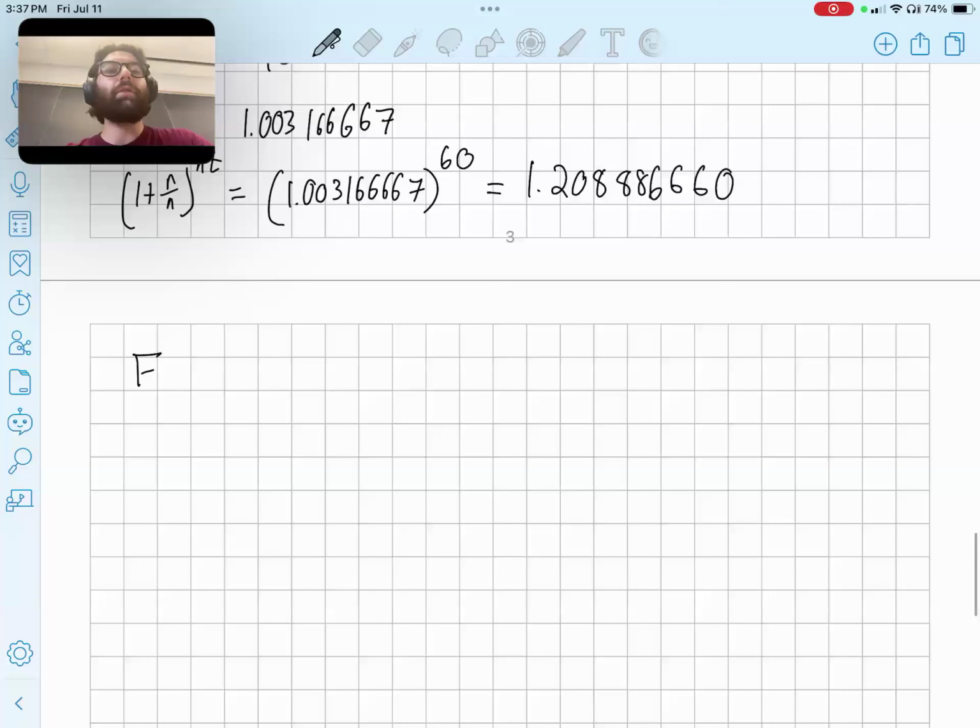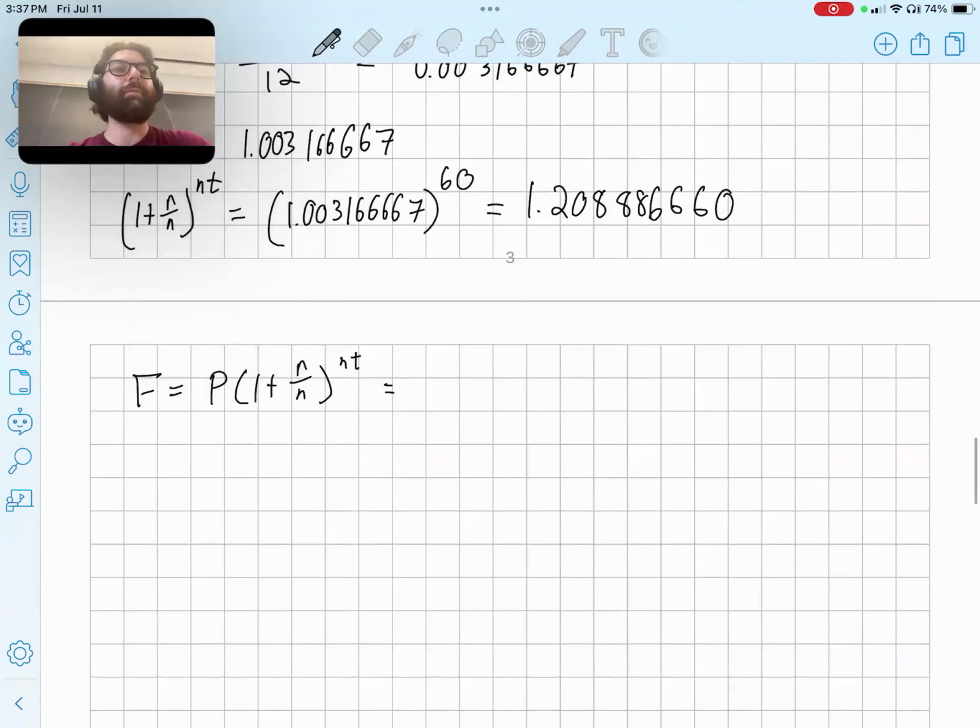Finally, to get our future value, we multiply this number by P. So P times (1 plus R over N) to the N times T. So that's our $3,000 times 1.208886660. And so when I put this into my calculator, I'm rounding here to 2 decimal places because this is my final answer, in dollars and cents.